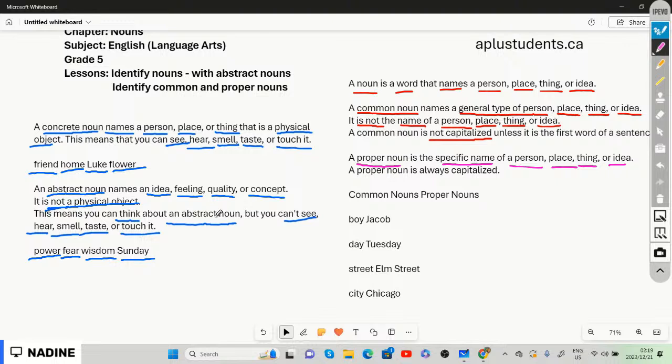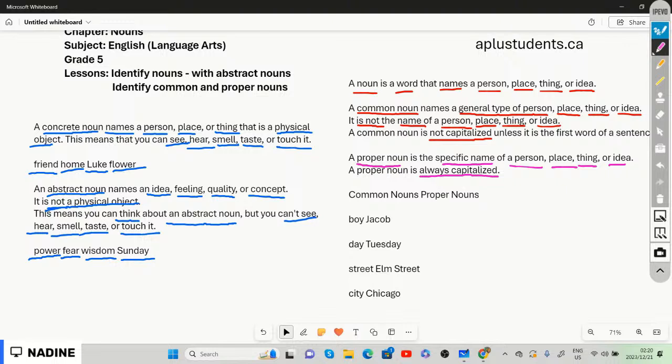And when it comes to a proper noun, we need to always capitalize it. Because if it's a specific name of a person, and you are mentioning Nadine, then Nadine's name needs to be capitalized.